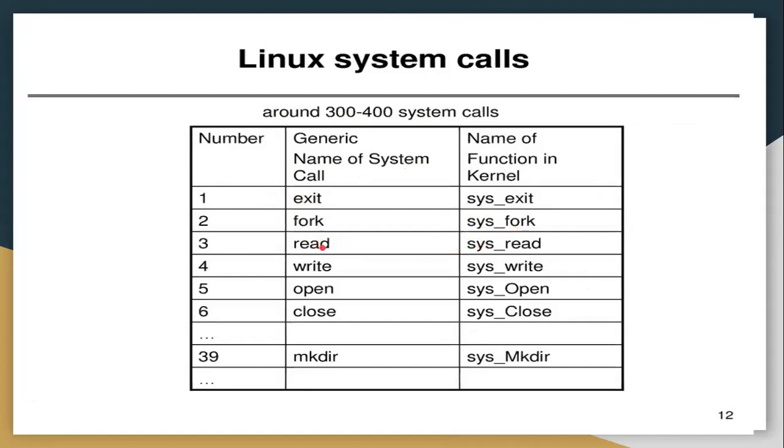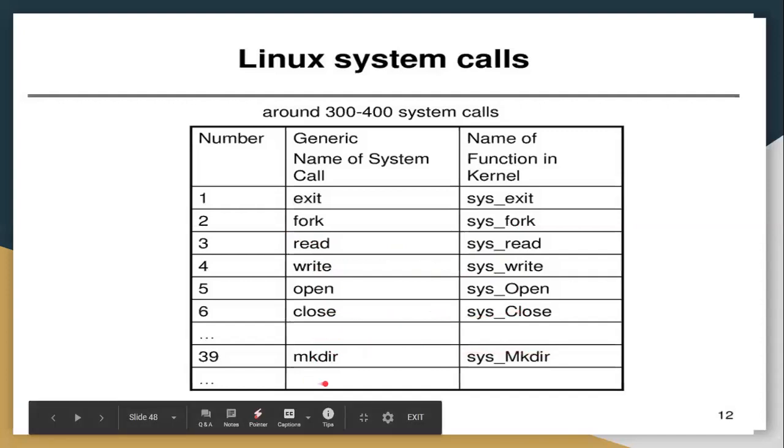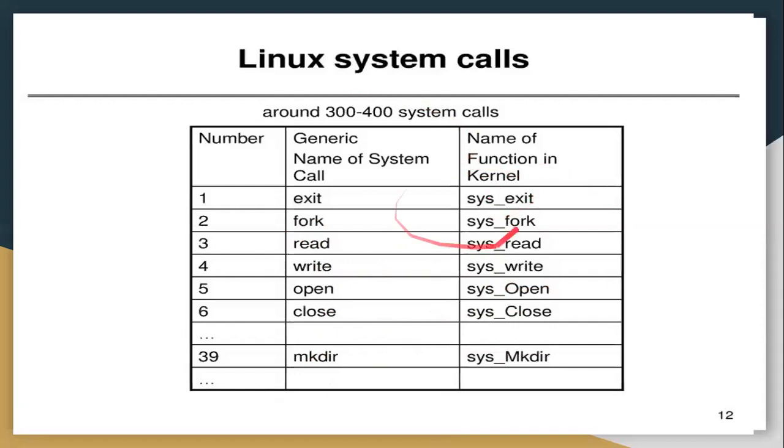Similarly, read: if you are reading any variable or console or command prompt, then the system call is sys_read. Likewise write, open for opening any file, close, and mkdir. For every shell process, you have a system call. So these are a few examples of system calls.